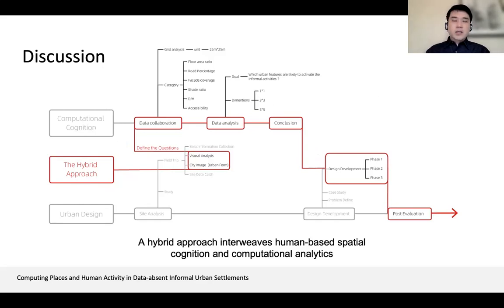Another finding or discussion we would like to share is that the whole process of this study revealed obstacles when digitizing an informal settlement urban area. Some major preparation work involves on-site manual surveys, field trips, digital modeling, GIS mapping, as well as spatial data conversion and integration conducted in the Python environment.